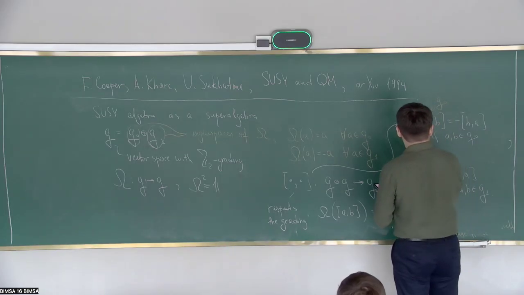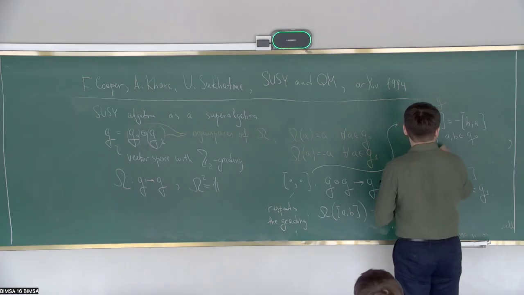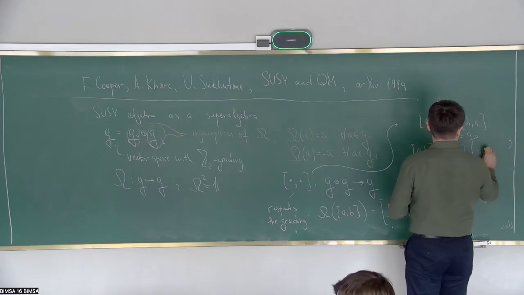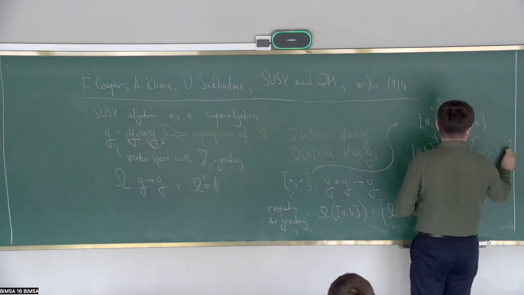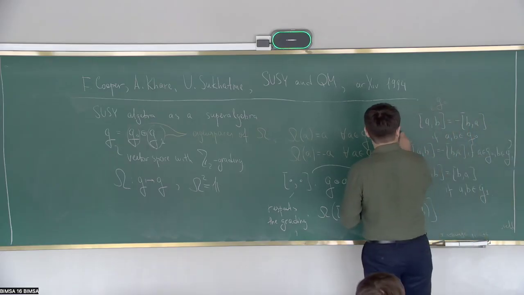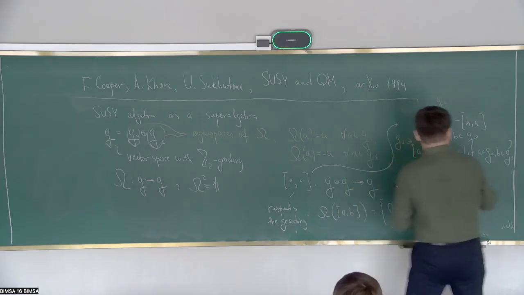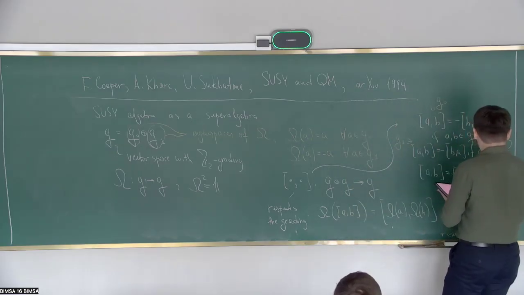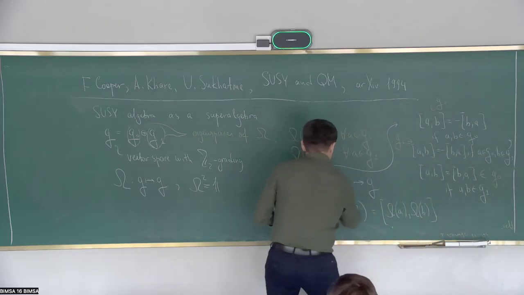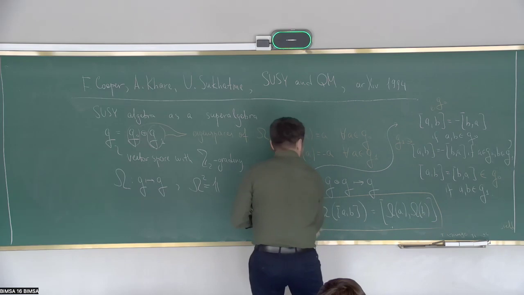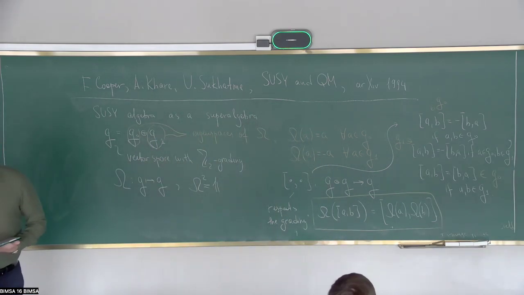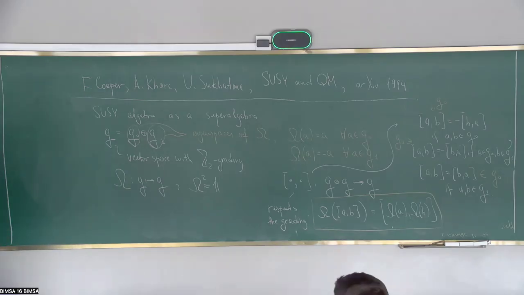So this is also antisymmetric. If A belongs to G0 and B belongs to G1, then the bracket belongs to G1. And if both belong to G1, then the bracket belongs to G0. This is the property. They have an interesting chalk color here, I hope you can see it.